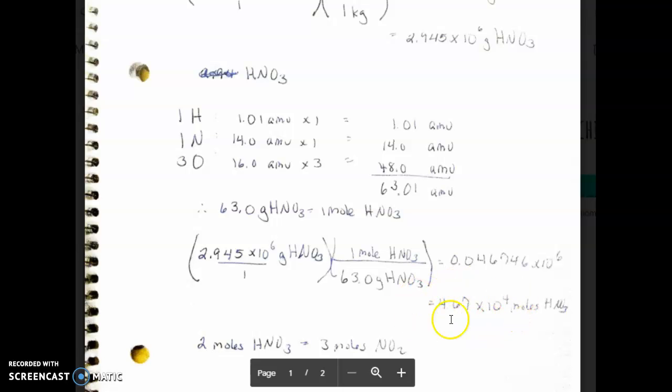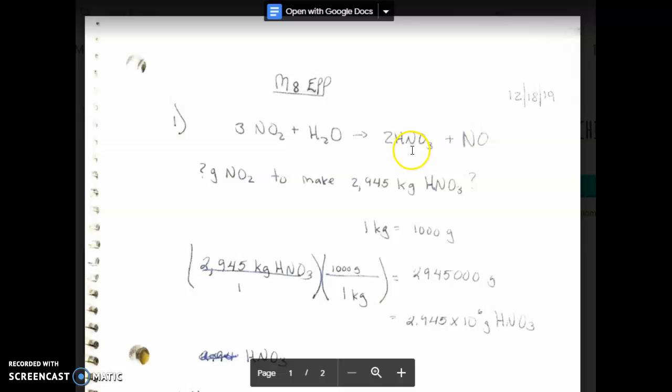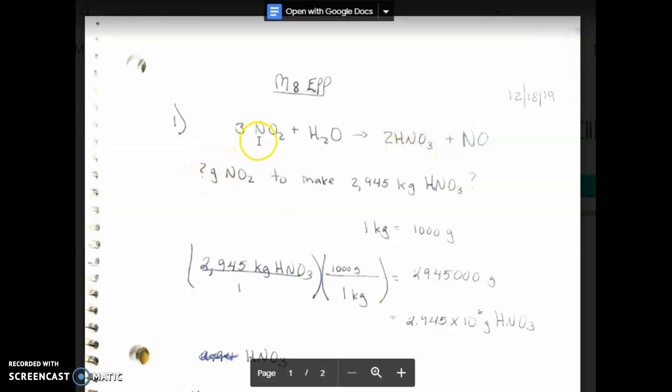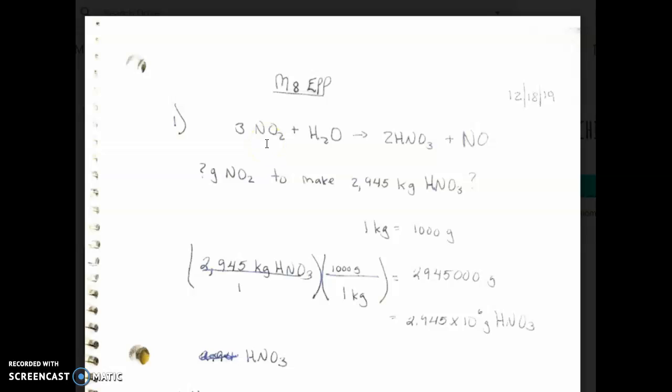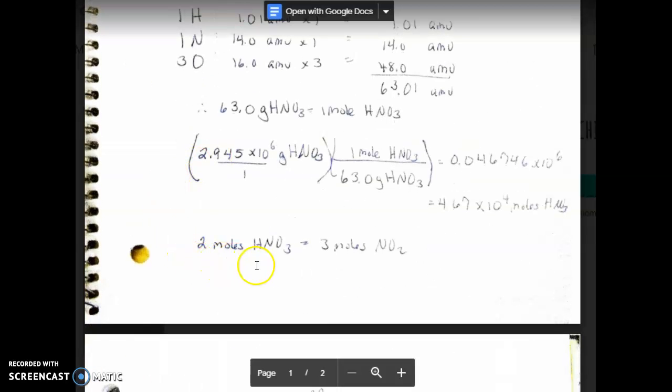Now that we know how many moles we have in our original sample of HNO3, we look at the ratio of the moles in our equation. For every 2 moles of HNO3 that are produced, it requires 3 moles of nitrogen dioxide, or NO2. So this becomes our conversion factor.